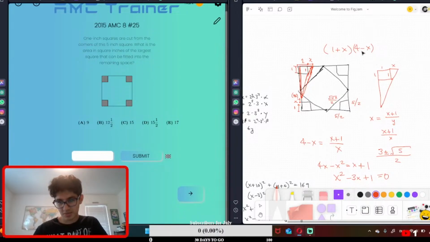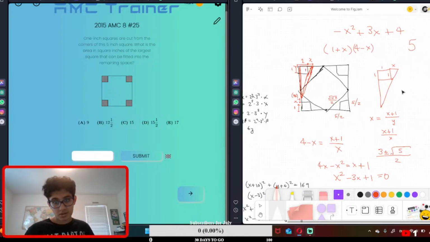Okay, wait, let's expand this and just see what we get. We get negative x squared plus 3x plus 4. And we already know that negative x squared plus 3x minus 1 equals 0, or basically negative x squared plus 3x equals 1. So this equals 5, right?